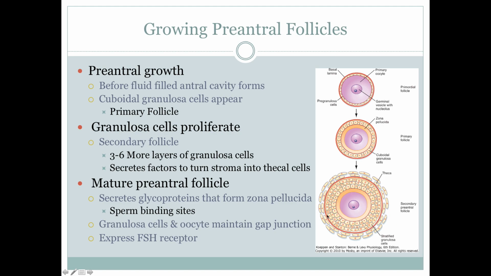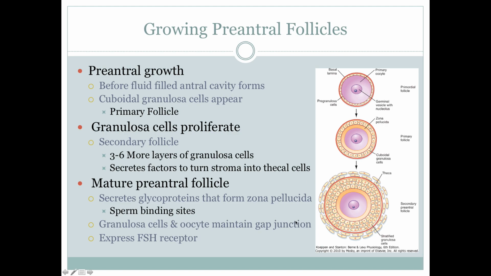And then these stromal cells turn into tough thecal cells, which really help protect this egg. Eventually you'll see a mature preantral follicle, which makes this zona pellucida, which we'll see in just a little bit. That's where sperm binds. Without the zona pellucida, sperm can't get into an egg. So it is the place where receptors for sperm are located.